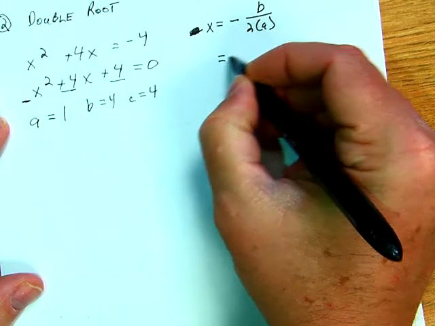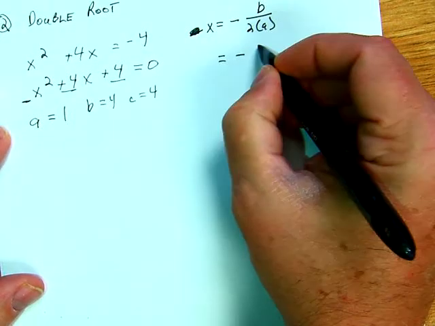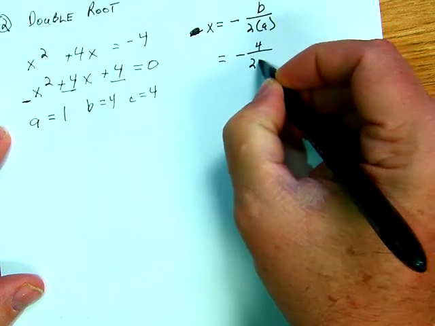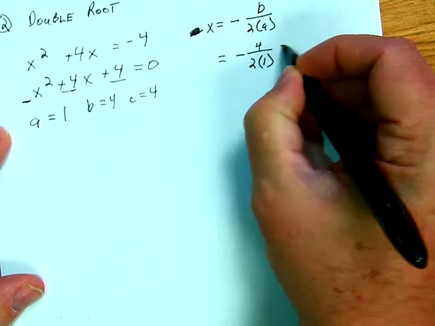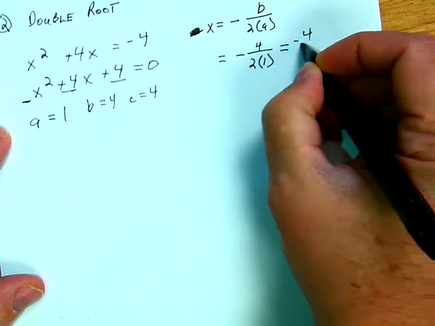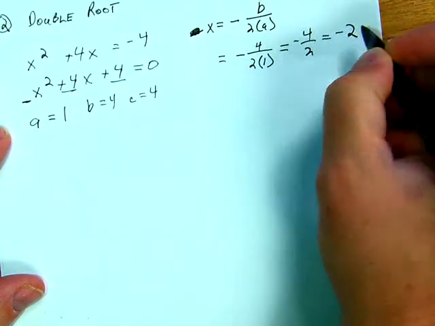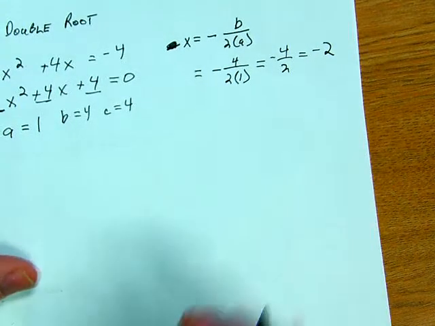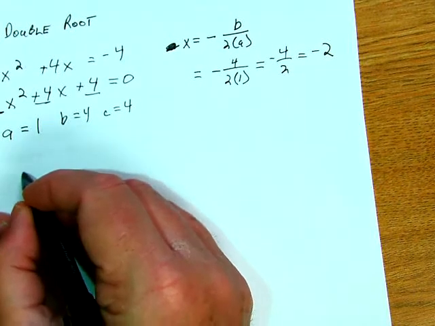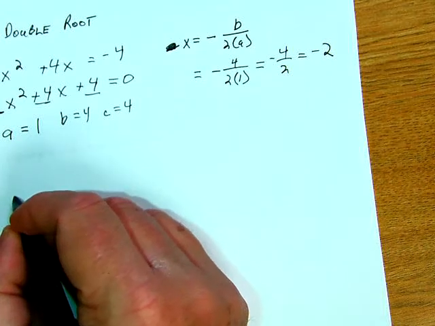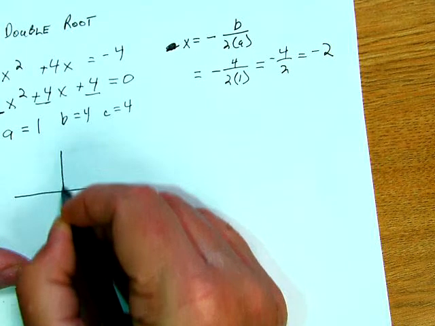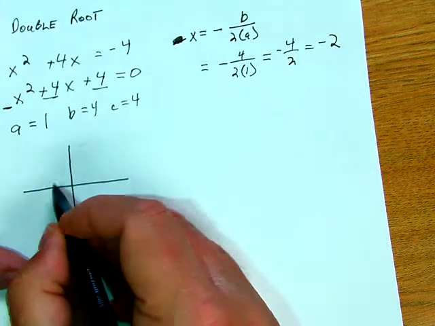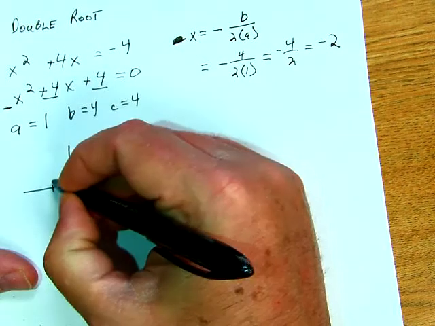I get negative b, which is negative 4, over 2 times 1, which gives me negative 4 over 2, which gives me negative 2. Since I know that's the axis of symmetry, I can start drawing my graph. Here's my chart, and I know that negative 2 is my axis of symmetry.